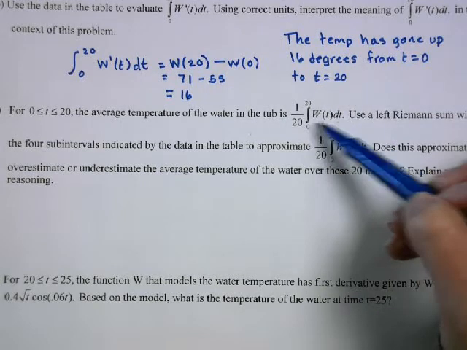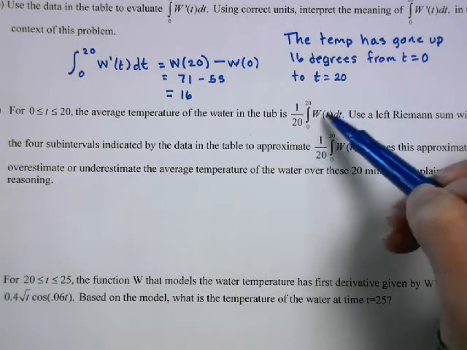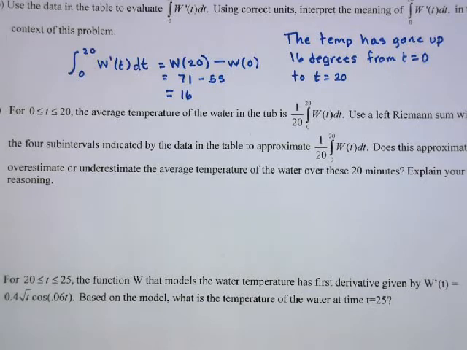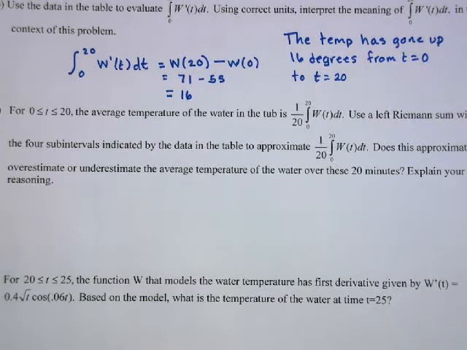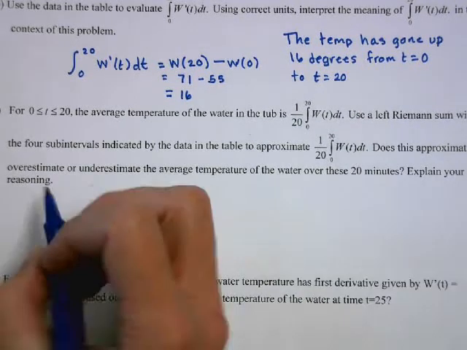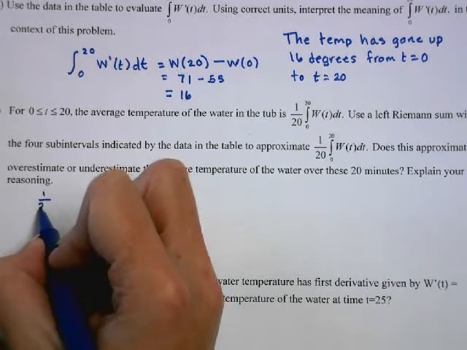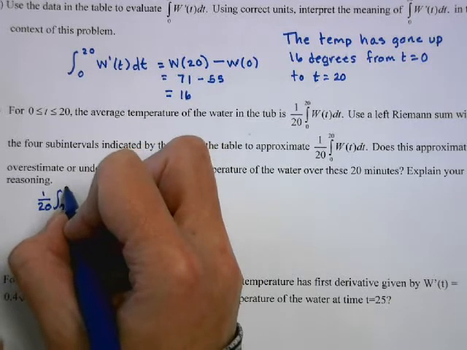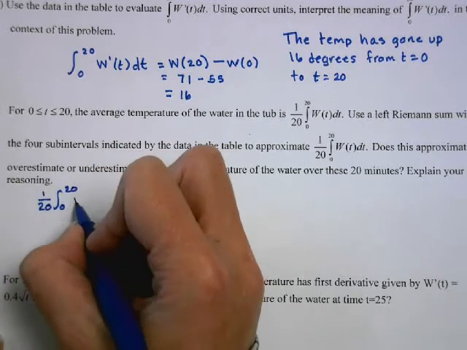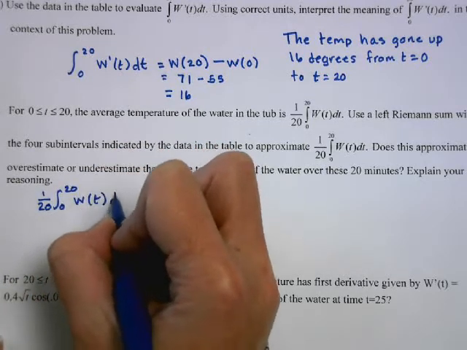The integral from 0 to 20 would be the temperature over the whole time, and we're going to divide that by 20 to get the average. So this is going to be 1 over 20, the integral from 0 to 20 of w of t.